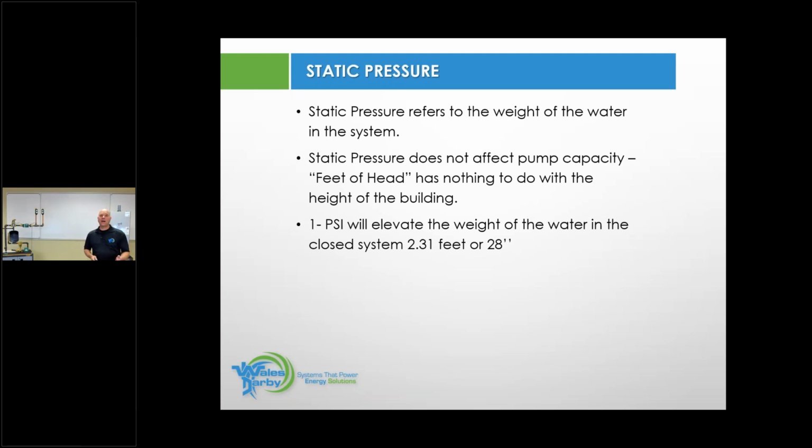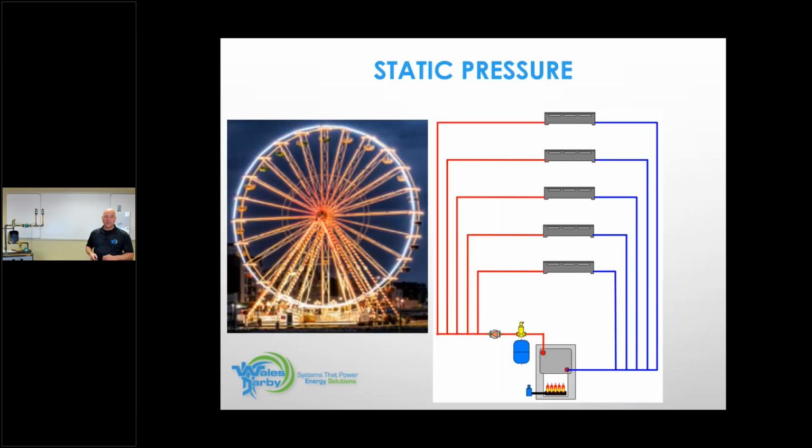So we're going to rely on the water feed valve, pressure reducing valve, feed valve, whatever everybody calls it, the feeder to the boiler, to overcome the height of the building and supply us with the static pressure we need in the system to allow us to flow the water through the piping. And then it's our circulator's responsibility to overcome the hydraulic resistance in that pipe, like a friction loss in that pipe.